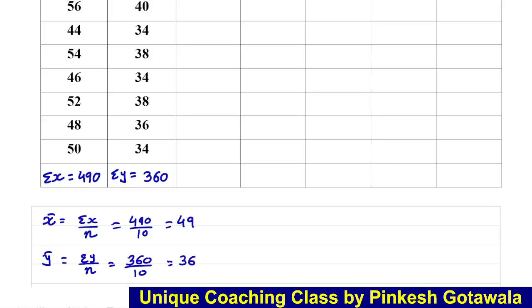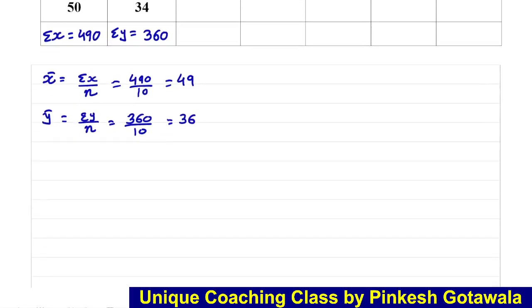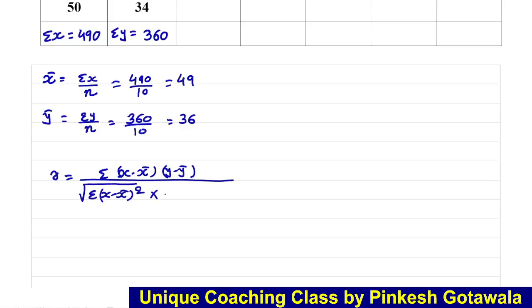Here the same point as the previous sum, both are integers. So same formula, x minus x bar, y minus y bar, in root, x minus x bar square, y minus y bar square.